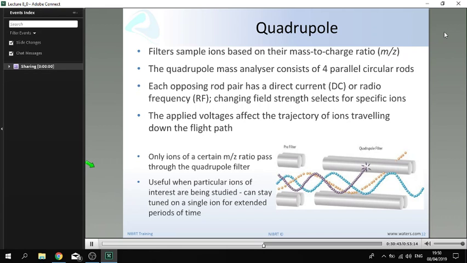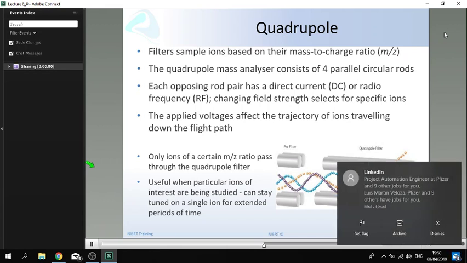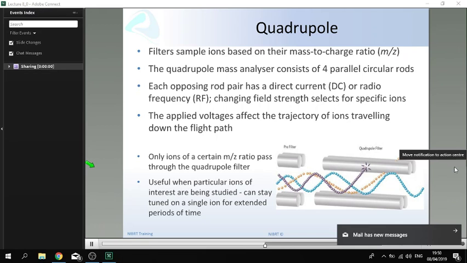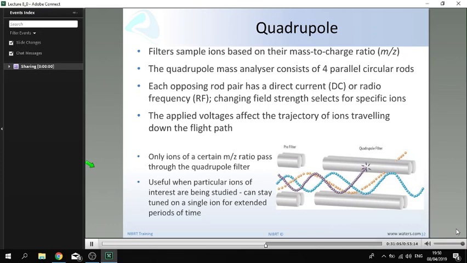The quadrupole mass analyzer consists of 4 parallel circular rods, as you can see here, and each opposing rod pair has a direct current or radio frequency. So we can change this direct current or radio frequency, and depending on how we change it, again, we can pick certain ions, a certain mass to charge ratio, to travel down the flight path.